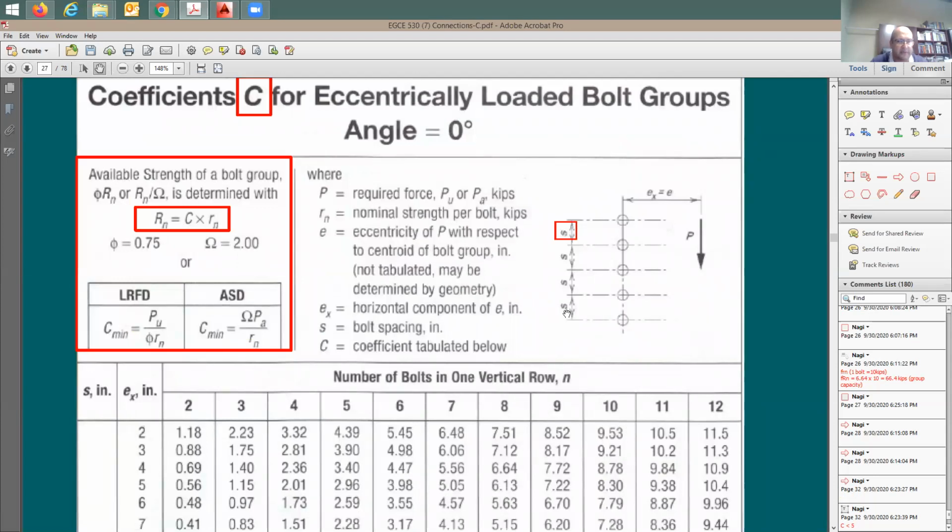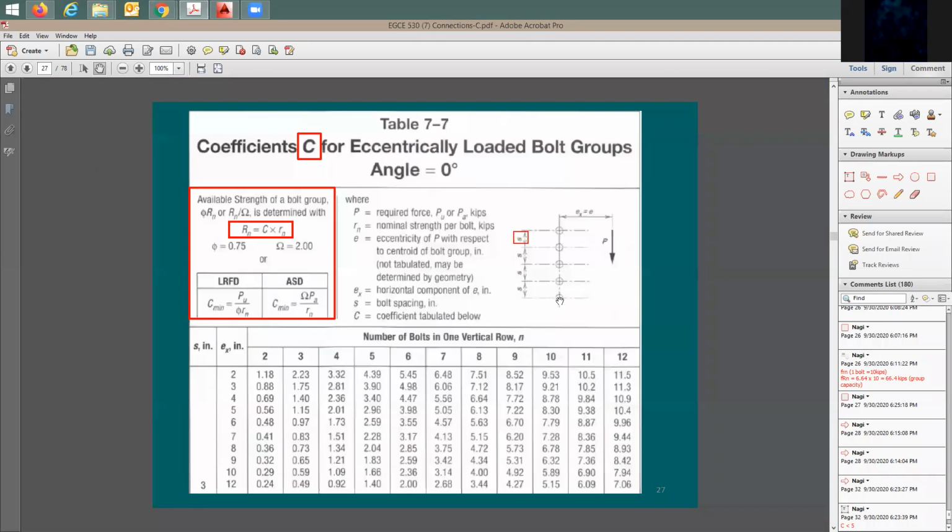What if they're increasing or decreasing in a systematic order, like 3 inches, 4 inches, 5 inches? No, the two options that you have in the table are S equal to 3 or 6 inches.